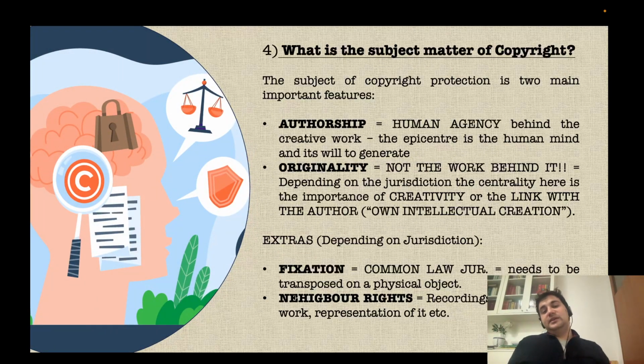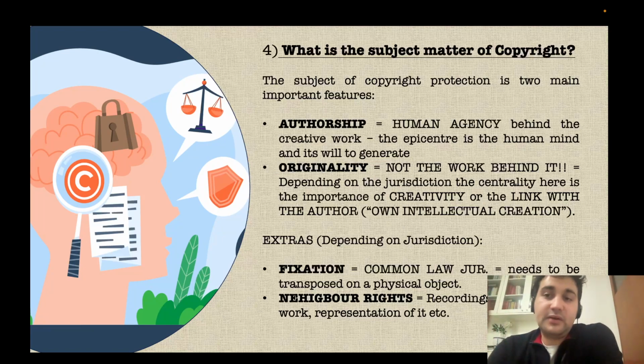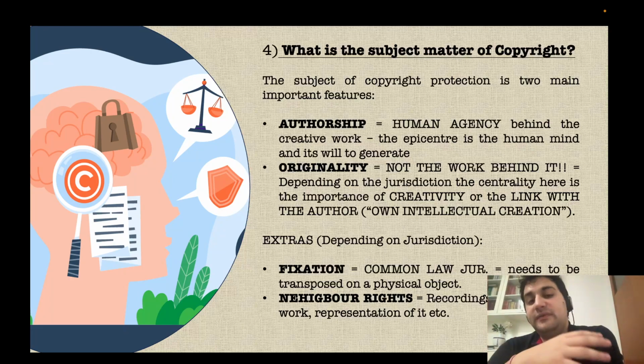Now we start with the hard stuff, okay? So with the important stuff. What is the subject matter of copyright? The subject of copyright protection is two main features: authorship and the human agency behind the creative work.